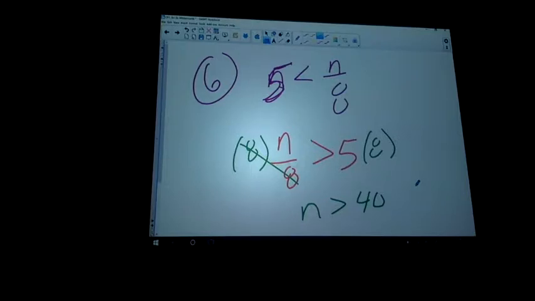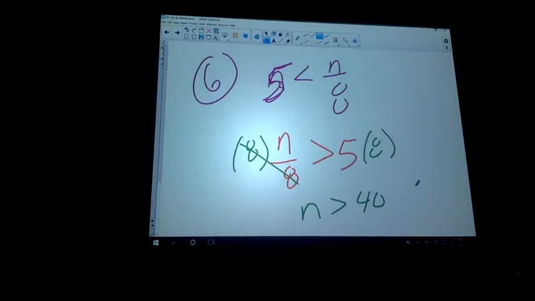Where am I going? Where's it pointing to go? Where am I starting? 40. Is it an open dot? It's an open dot, right? It's going this way. So if this is 40, it's an open dot. Where am I going to in that direction?